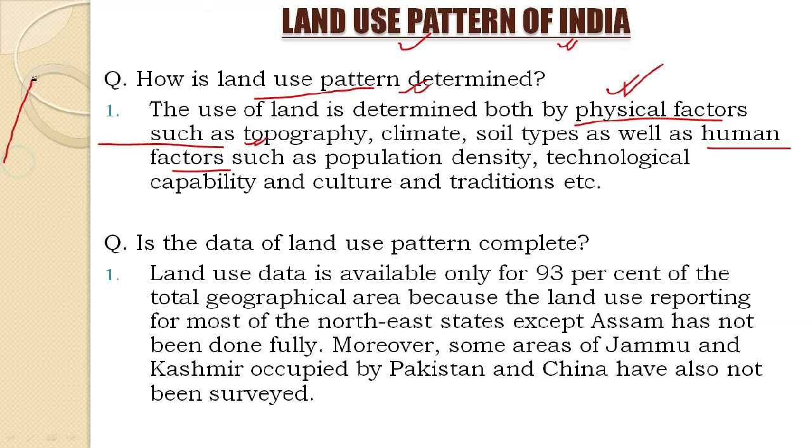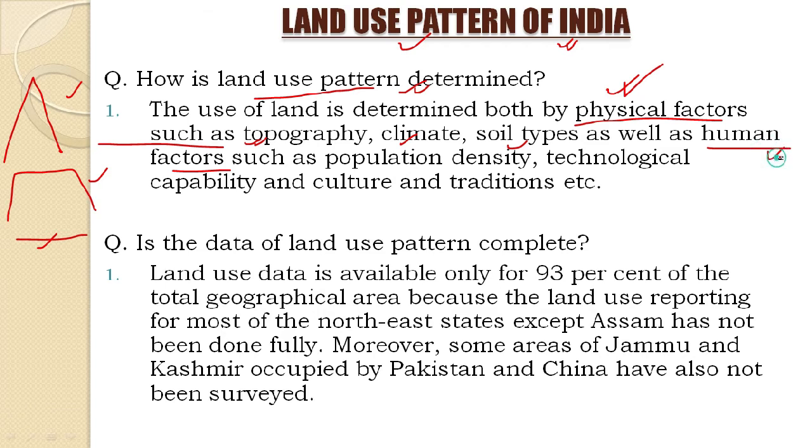For example, if we consider 3 types of landforms, so this is a mountain, this is a plateau, and this is a plain. You can easily see the difference among the height of these landforms. So this is what we call topography. Then we have climate, then we have soil types in physical factors.